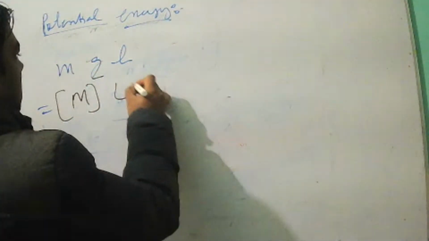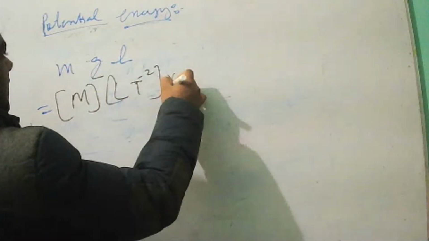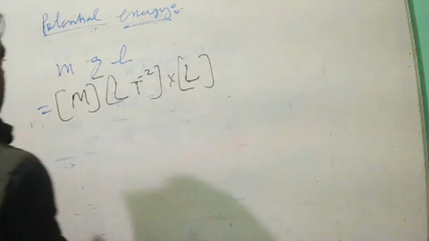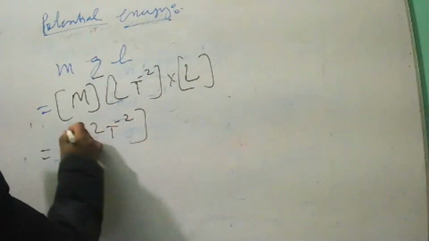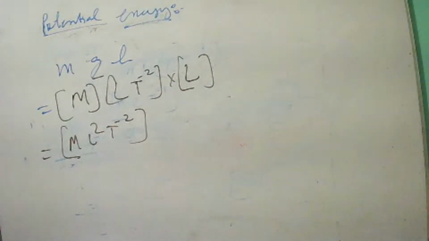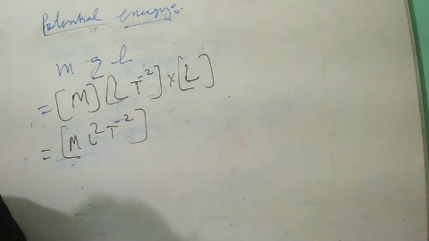For mass, you write capital M. For g, acceleration due to gravity, its dimensional formula is LT minus 2. And for height, you write L here. Combine together: M L square T minus 2. So this is your potential energy formula.